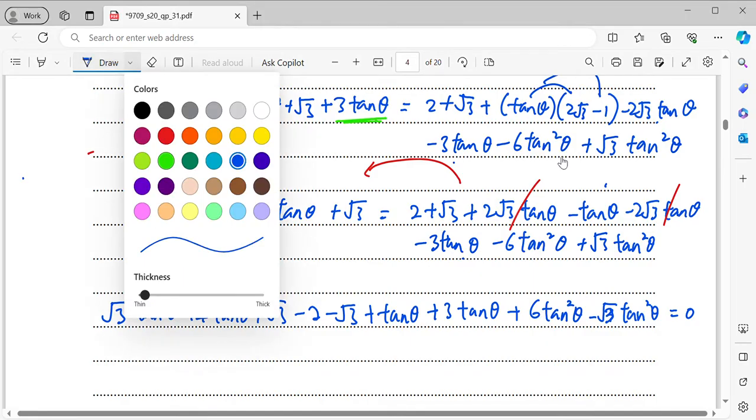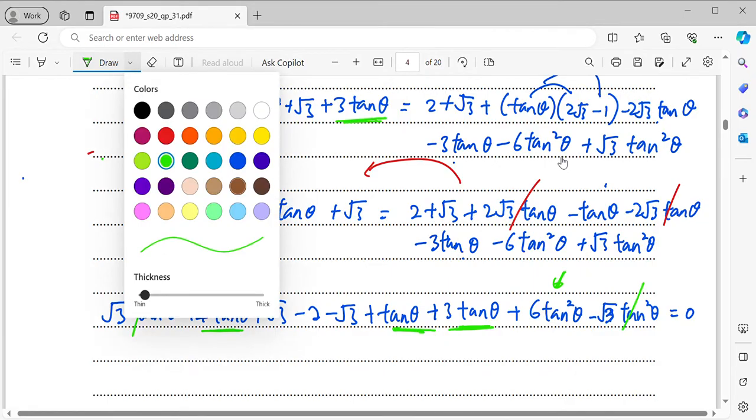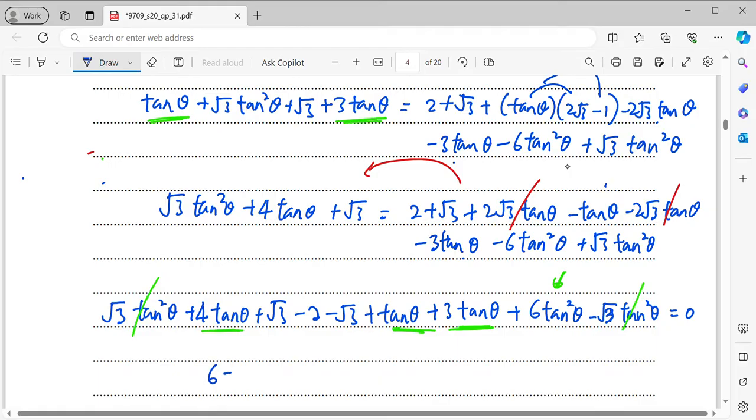So from here, I can simplify: the first and last term I can cancel off. Then 4 tan θ plus another 4 tan θ will be 8 tan θ. And don't forget, there is a 6 tan² θ here. That means I will be getting 6 tan² θ plus 8 tan θ.